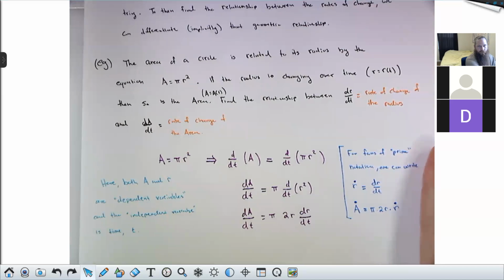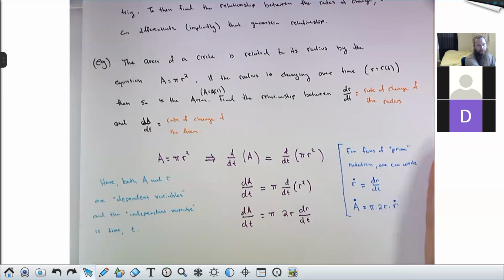So even though it doesn't show up anywhere in the equation, both of these, A and R, are dependent variables. The variable that we're differentiating with respect to, right? I'm differentiating with respect to the variable t, doesn't show up anywhere in the original equation. And that's okay. So in answer to Daniel Anyping's last question, yes, Sarah answered it in the chat.